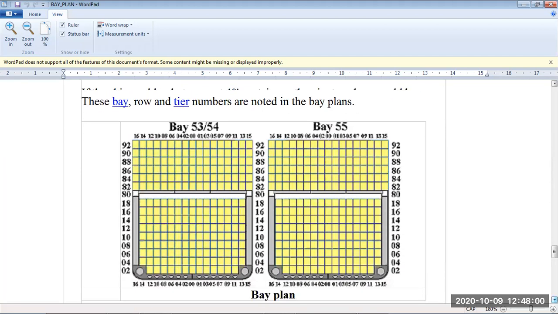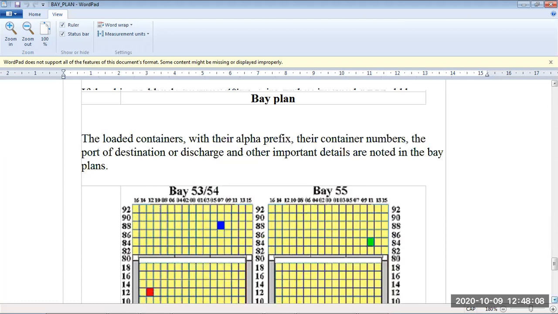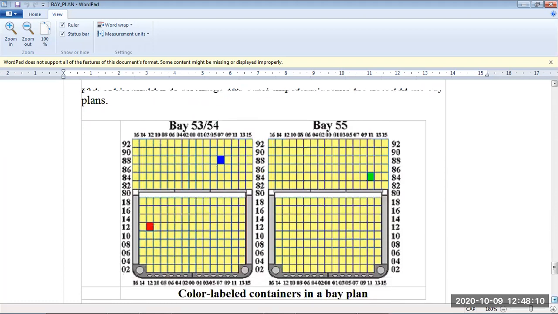And then you can see the rows, bay and tier numbers in this bay plan. We also need to have the cross-sectional view. Let's see some examples. Suppose we want to locate these blue, red and green containers. You can see this green container is bay number 55, row number 11 and tier number 84.